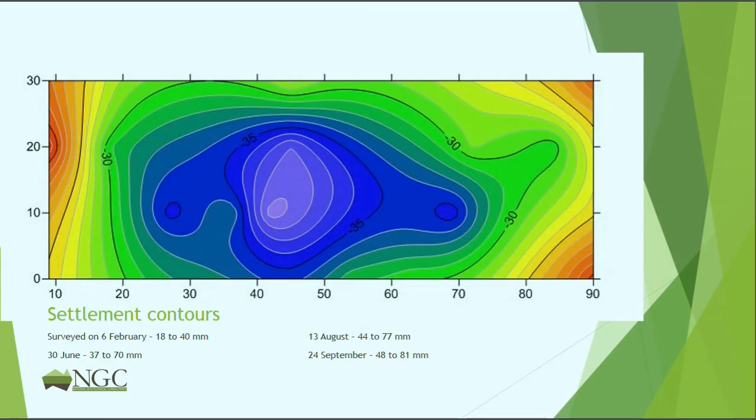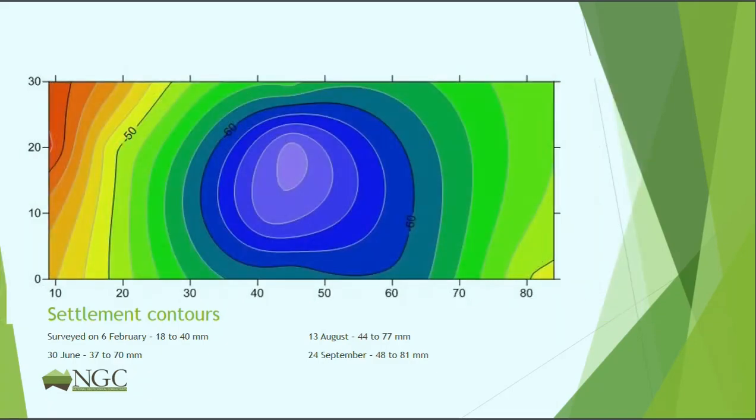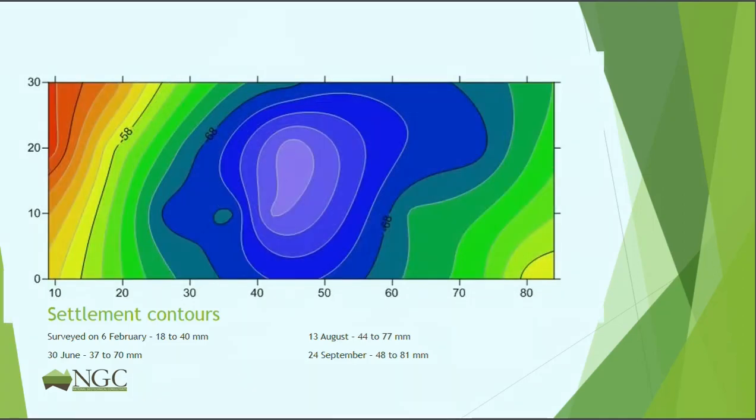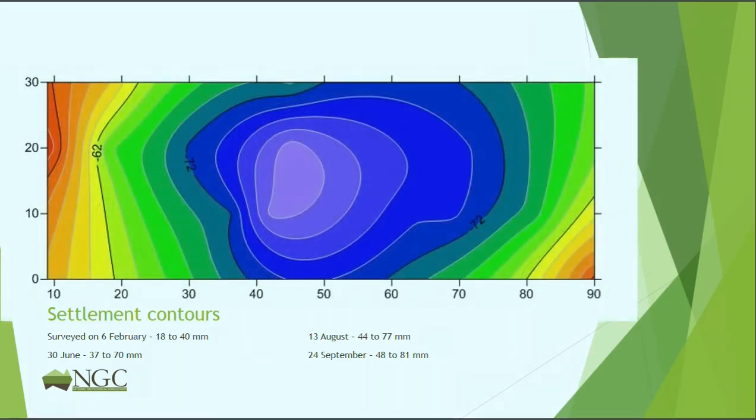This is the settlement of the slab in February of 2008, and we can see that it varies from about 18 millimeters in the red part to about 40 millimeters in the center. It changes to this in June, this in August, and this in September.